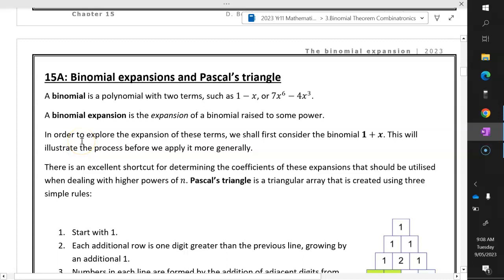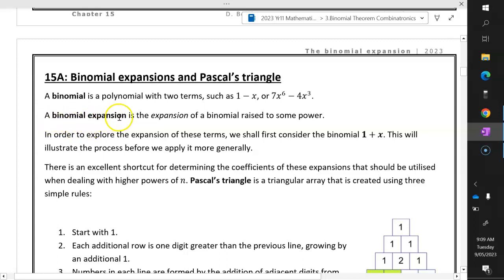Okay, so let's go through some of the terminology that we need to know to start with. A binomial is a polynomial with two terms, for example, 1 minus x or 7x to the power of 6 minus 4x cubed. Generally, we've looked at quadratics as binomials before, but we're going to have a look at various different powers of binomials for this topic.